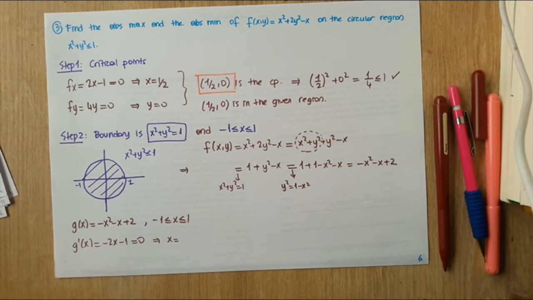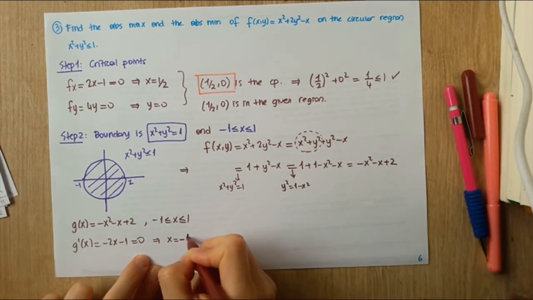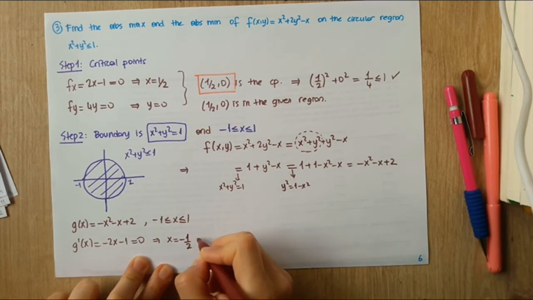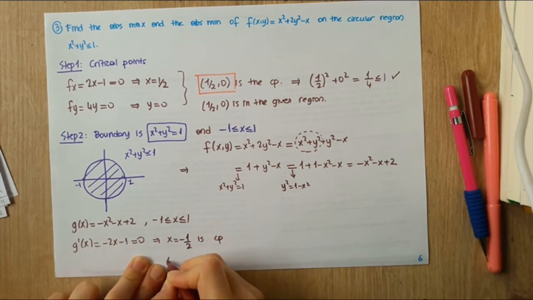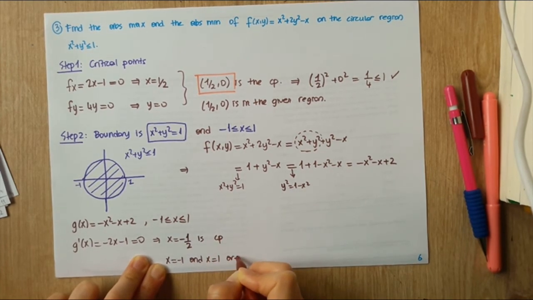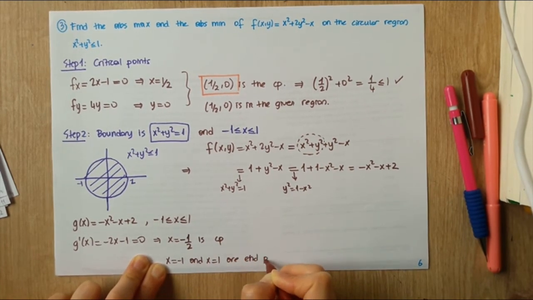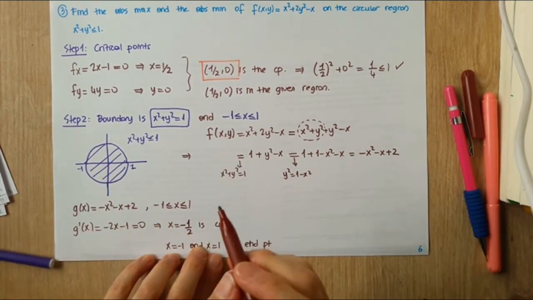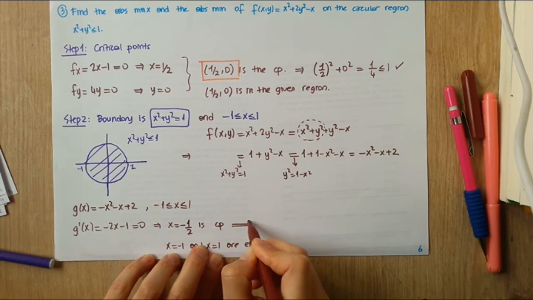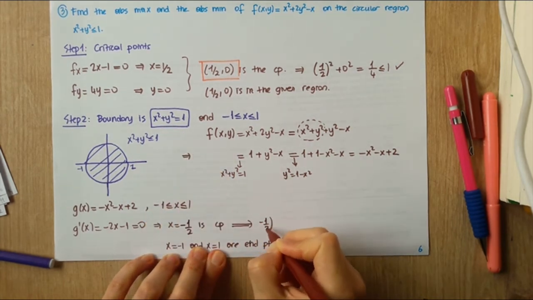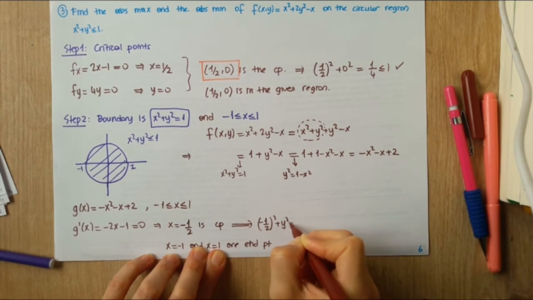I have x equals minus 1 over 2. If x is minus 1 over 2, this is a critical point here. x equals minus 1 and x equals 1 are endpoints. To find the points for our region, I will substitute x equals minus 1 over 2 in the equation: minus 1 over 2 squared plus y squared equals 1.